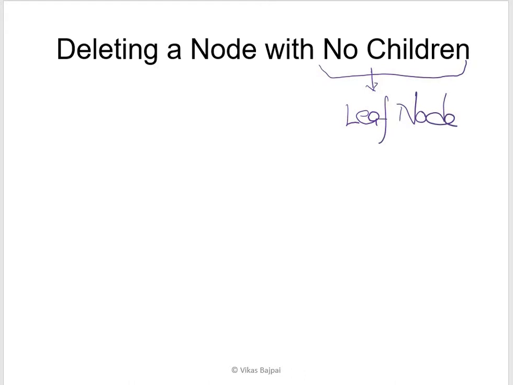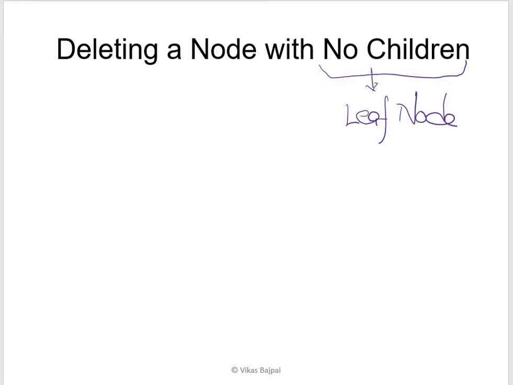That's a property of a leaf node. That means it does not have any child. So that means we are going to delete a node with no children. That means we are going to delete a leaf node. So this particular case is the simplest case. That means I have to replace the node with null and we need to set it free. We need to remove the allocated space.